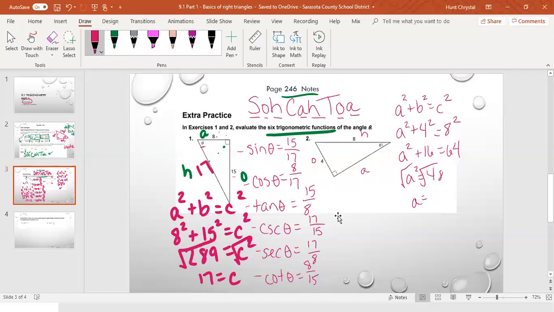Yeah, so 16 and 3. So if I broke this into, look at it like this. Square root of 16 times the square root of 3. That would make it 4 times the square root of 3.